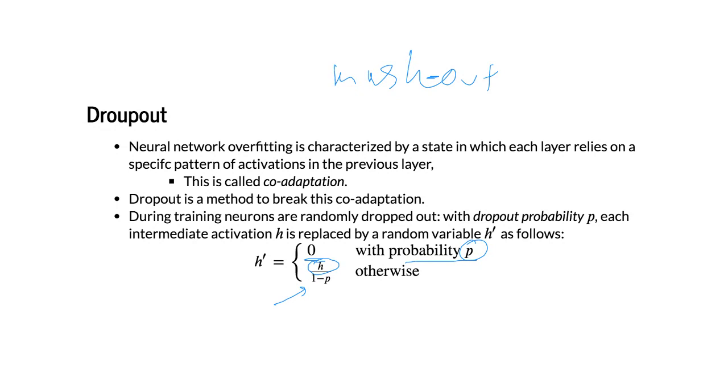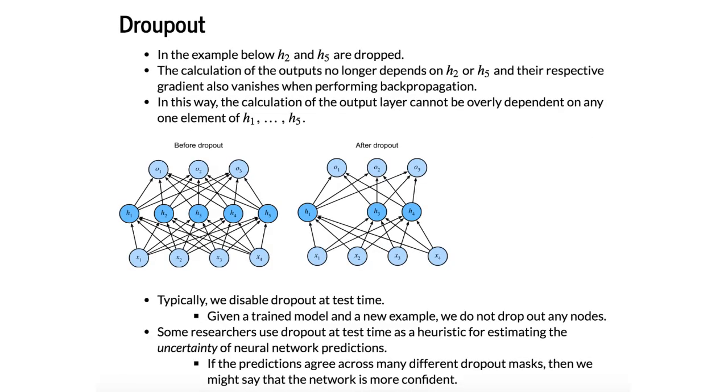So that's the dropout regularization. Let's see how this works in practice, with an example. Here you can see this two-layer MLP that we saw previously, and here you can see the network after dropping some neurons. Here we drop this neuron, H2, and H5.